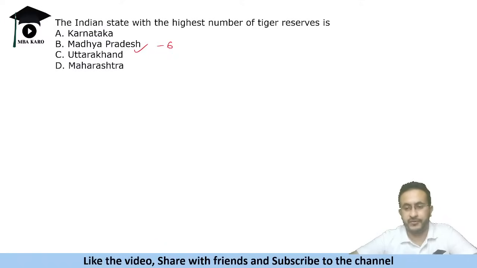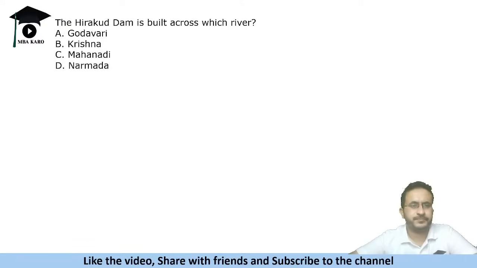And the highest number of tigers also, the maximum of 500 plus tigers are present in Madhya Pradesh itself. The Hirakud Dam is built across which river? Forest density is the same thing, forest upon area.